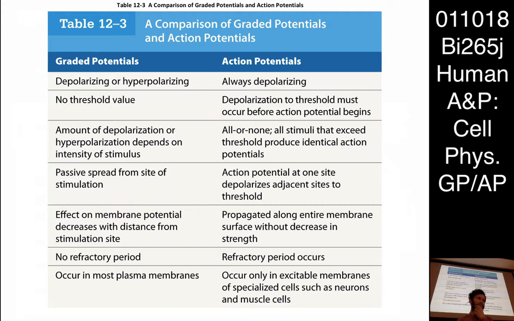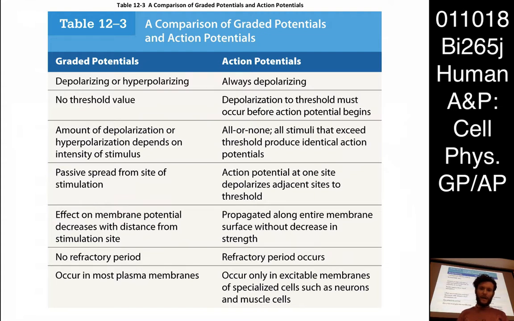The intensity depends upon the intensity of the stimulus. It passively spreads from the site of stimulus. It's not being driven by any kind of active mechanisms, any electrically gated triggers along the way.